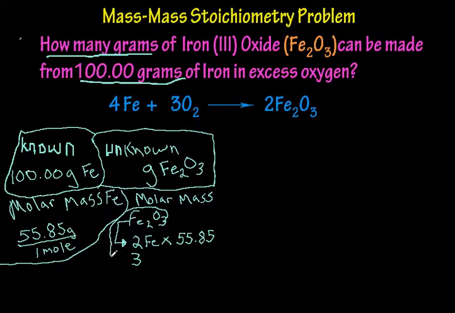And we have 3 oxygens, right? 3 oxygens times 16.00 on the periodic table. You'll see it as 15.99 on most, but this periodic table that I found is rounded.